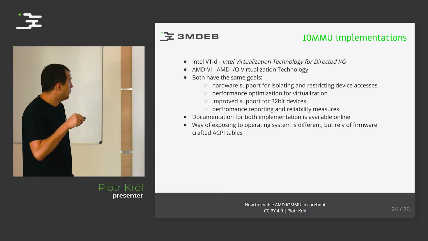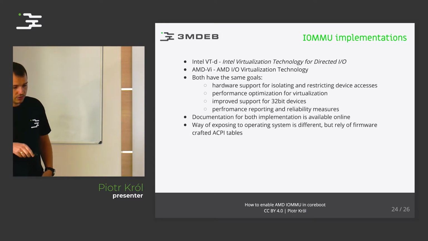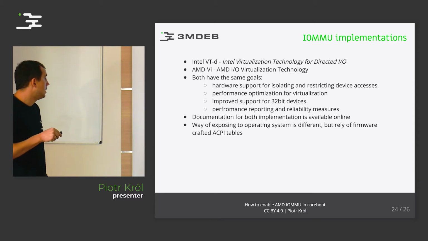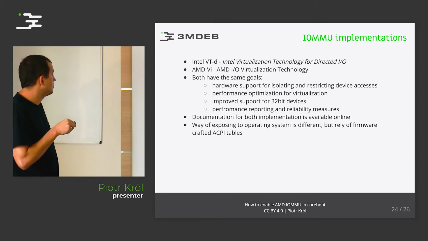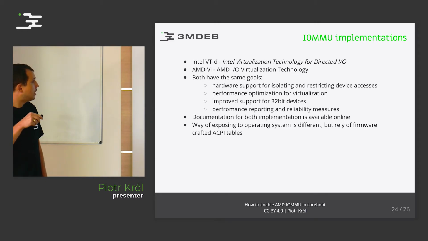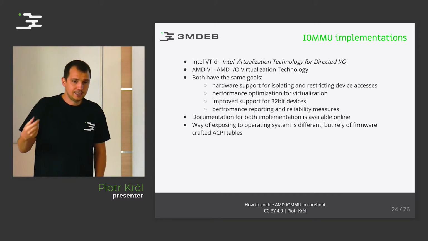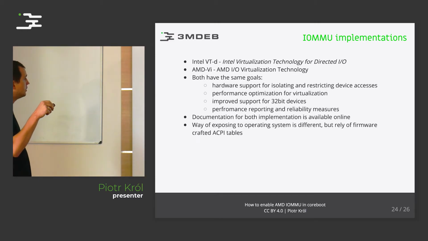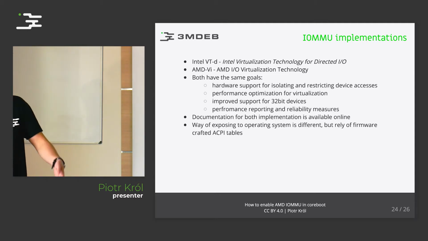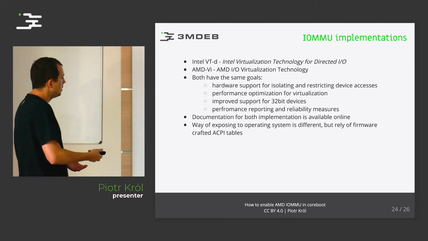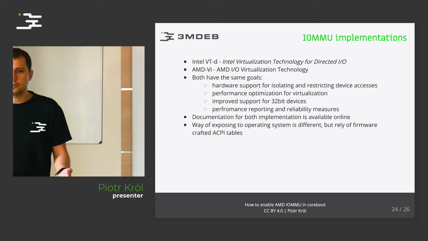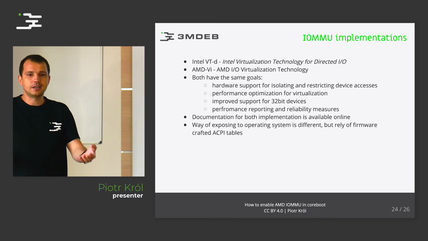Okay. Performance reporting and reliability measures: there are status registers in the IOMMU that help us measure that. The key difference between these two is that one uses the DMAR ACPI table to expose the features, and the other uses the IVRS ACPI table. These are vendor-specific ACPI tables, and what's interesting is that ACPI tables have to be provided by firmware before the hypervisor or OS starts.